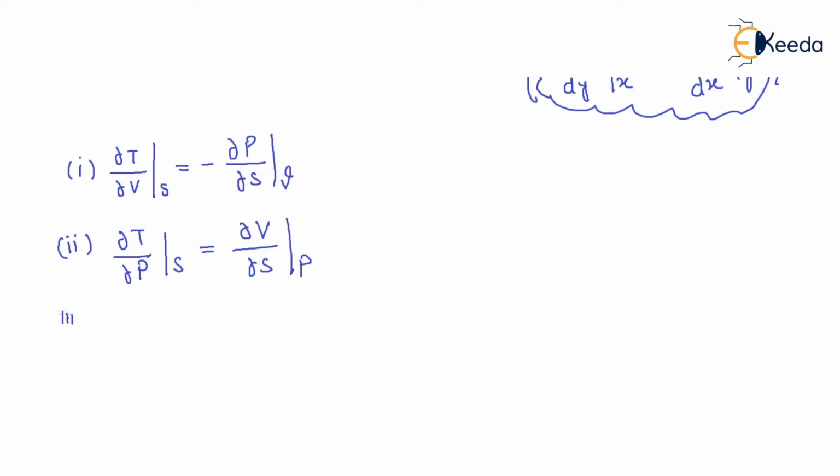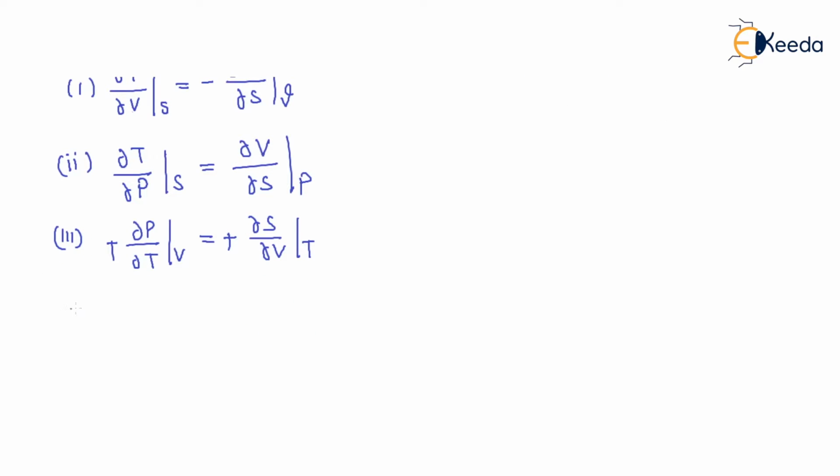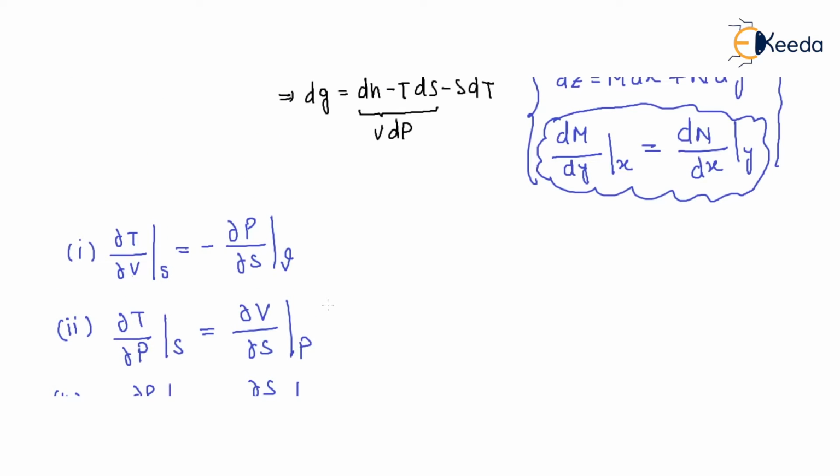Number third: dou P over dou T at constant volume is equal to dou s over dou v at constant temperature. And number fourth: dou v over dou T at constant pressure is equal to minus dou s over dou P at constant temperature. So these all are the Maxwell relations.